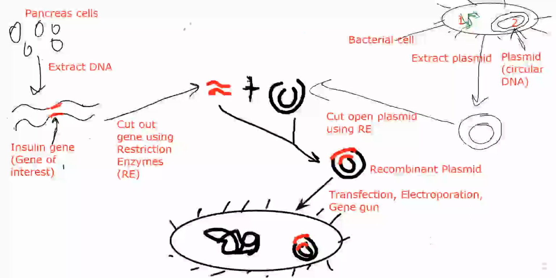And how do bacterial cells grow? Bacterial cells simply grow through mitosis. Are we clear? The bacterial cell will grow through mitosis to form other bacterial cells. And what do you think we'll find in these bacterial cells?